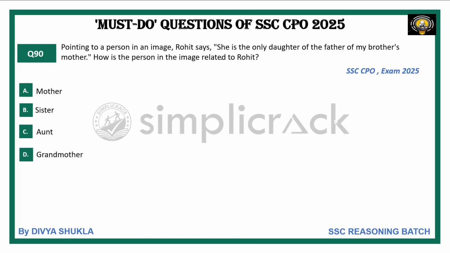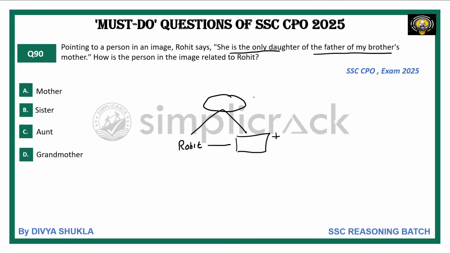Pointing to a person in an image, Rohit says that she is the only daughter of the father of my brother's mother. So understand, Rohit is having a brother, and Rohit's brother's mother is the mother of Rohit as well. So I'm having this as Rohit's mother. She is the only daughter of the father of my brother's mother. That means father of Rohit's mother, and she is the only daughter.